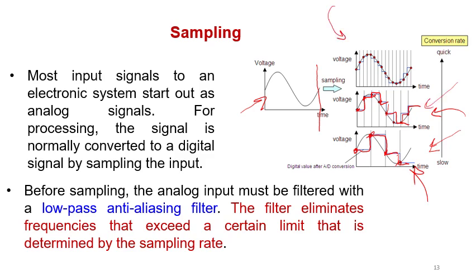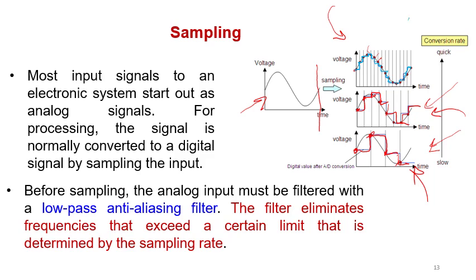How about if I take this one? If you look at this one, you are going to take these samples: 1, 2, 3, 4, 5, 6, 7, 8, and so on. The discrete values look like this. If you compare it with the analog, you are going to find that it's very close to the analog.